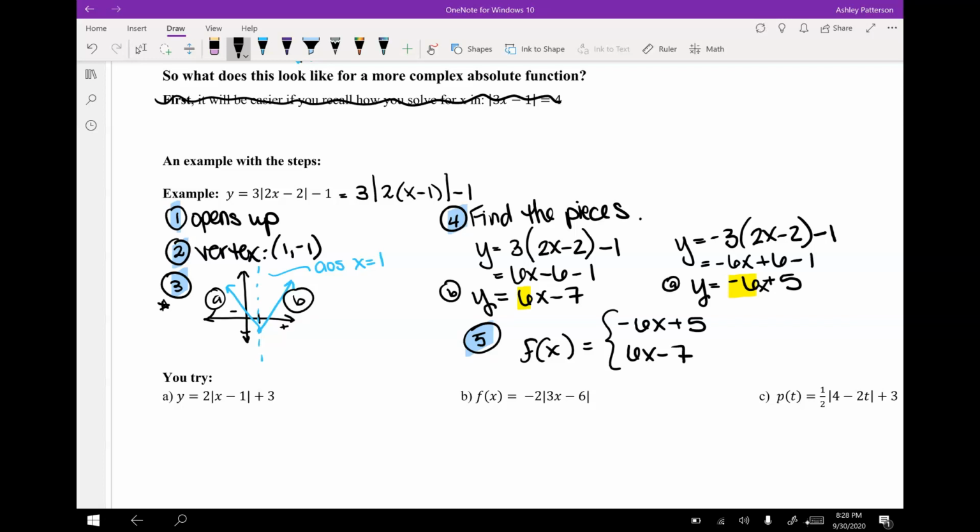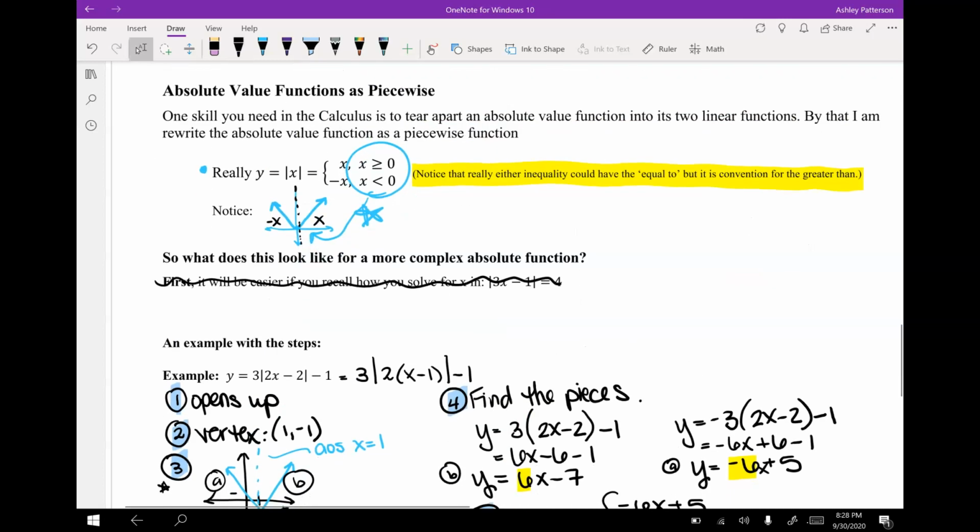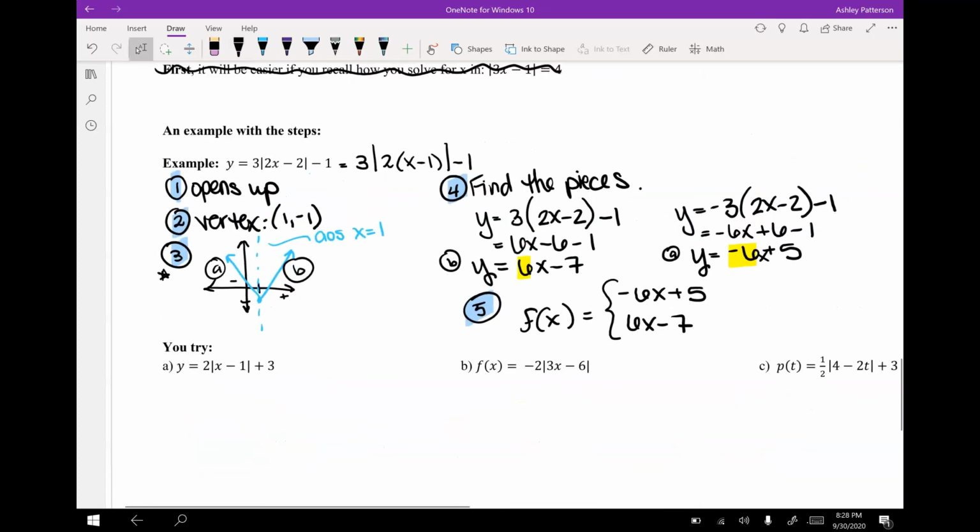We're then going to write the restrictions based off of the axis of symmetry. Again, it doesn't matter which one you put the equal to. One of them has to have it, one of them can't have it, because they intersect at the same point. If they're both closed points at the same x value, it is no longer a function.